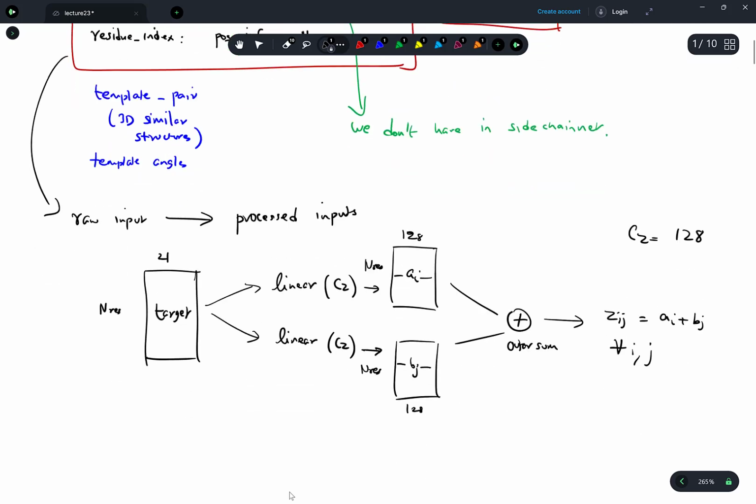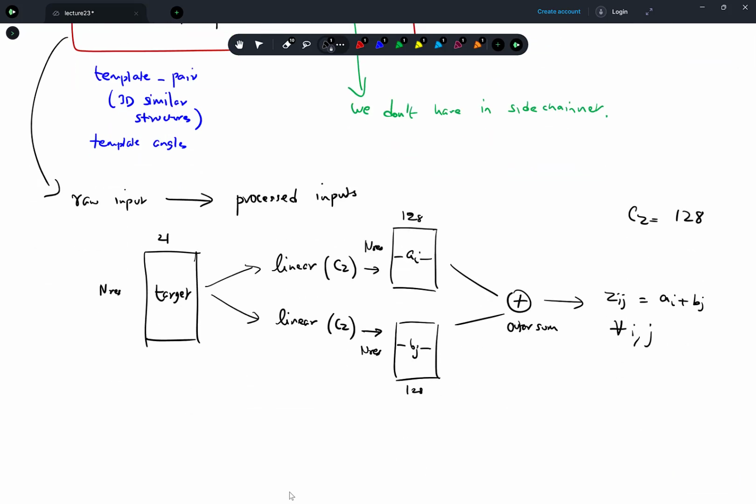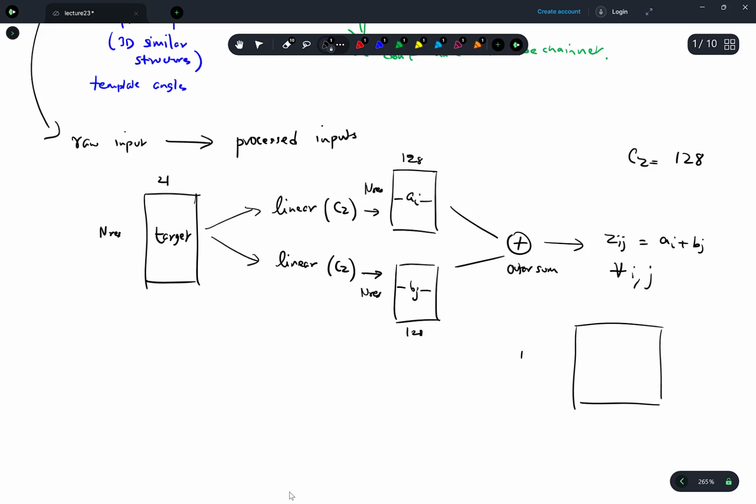That's your 128-dimensional pairwise feature, Zij. It gives me n res by n res by 128. Clear, right? This is called the pairwise representation, the pairwise input.